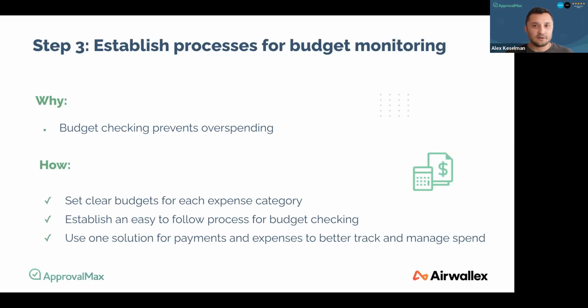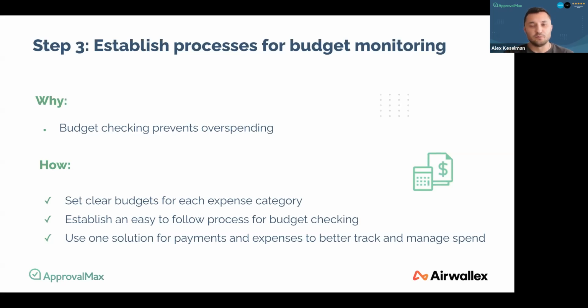Adding a system that allows your users to see what data is available to them in real time will reduce the risk of error and overspending. It gives a single solution with understandable numbers, to make a forecast, and one solution for payments and expenses to better track and manage your spend.